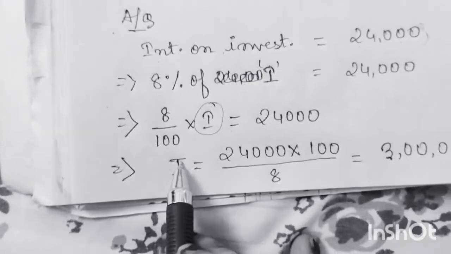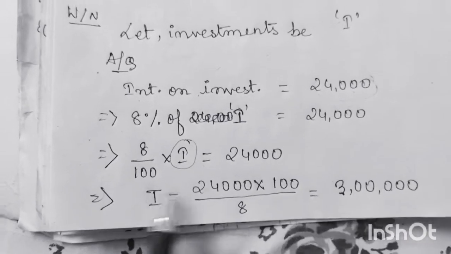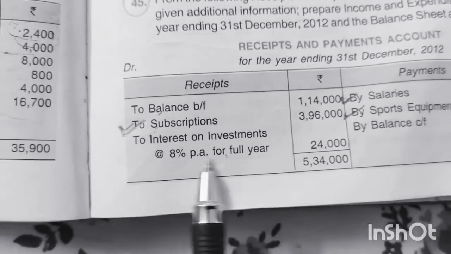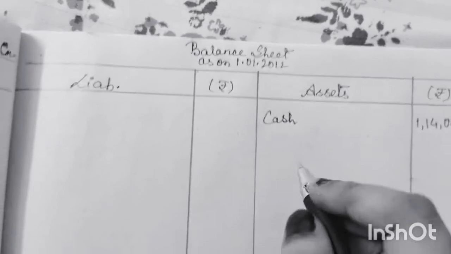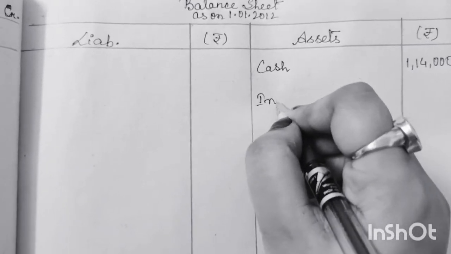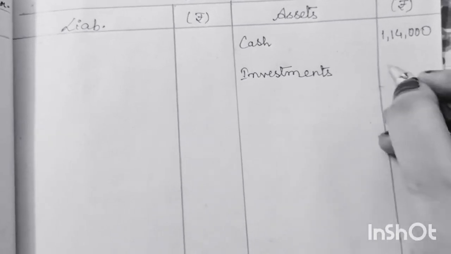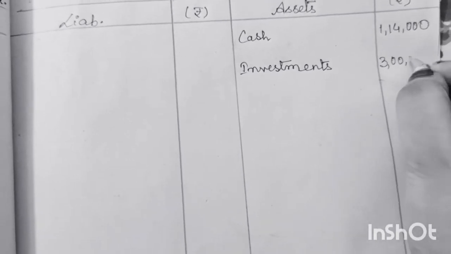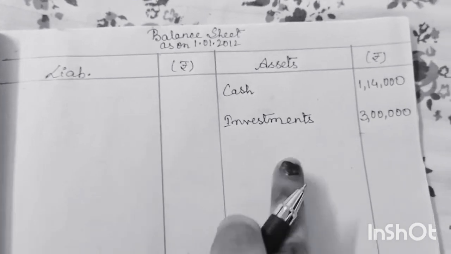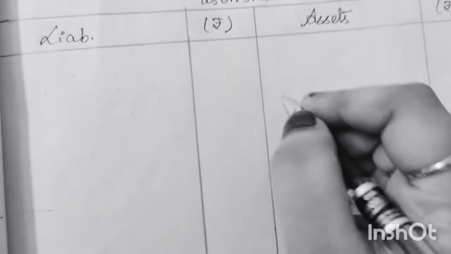So this is our investment value. As the investment is for the full year, we have to write investment in the beginning of the year also. That is, in the balance sheet asset side, we will write investments, the value we have got just now, 3 lakh. And in the closing balance sheet also we have to write the same value, because the same value continues for the full year.